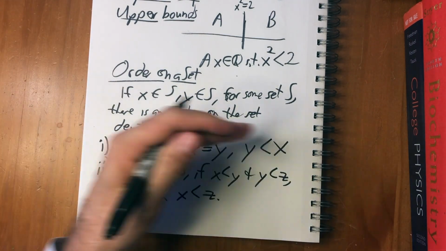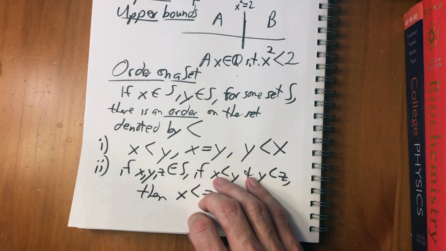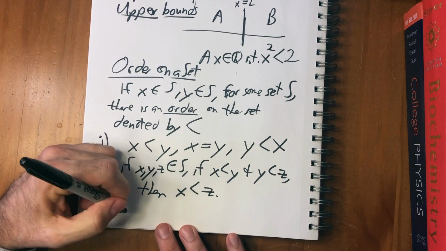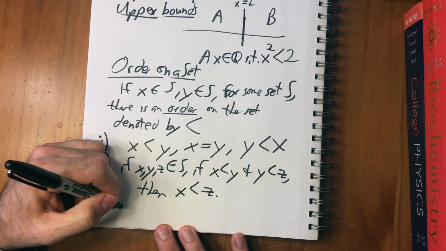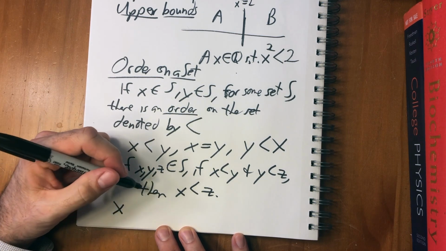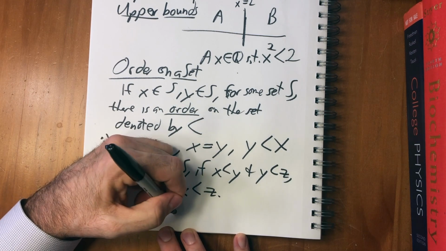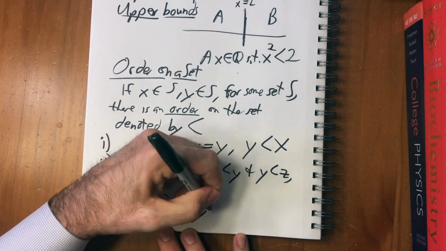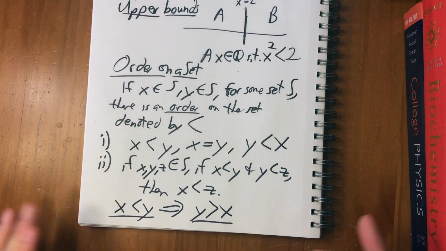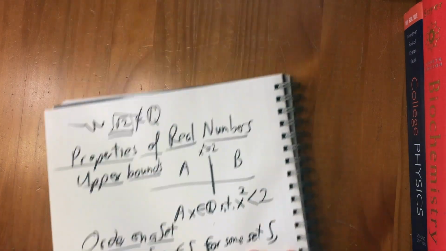It's going to go straight from smallest to largest. And one last thing, just to say it: if x is less than y, we can also say that y is greater than x. Again, this is all stuff we know, but now we've defined what we mean by this, okay?